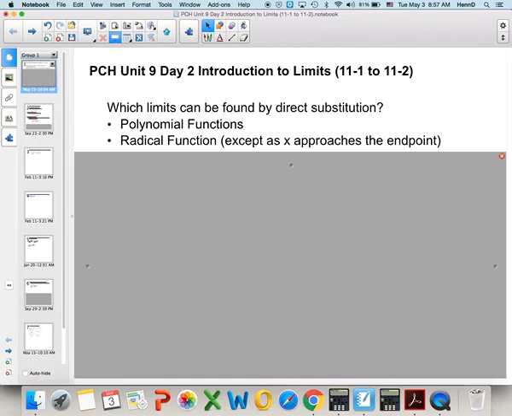Secondly, radical functions, except if x is approaching the end point. What did we say about x approaching the end point? We saw an example of this on Thursday. It's not an asymptote, it's an end point here, right?